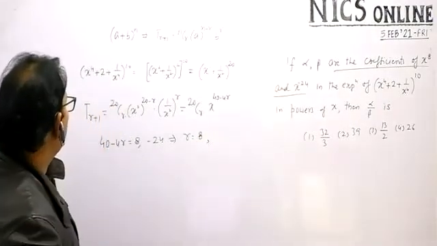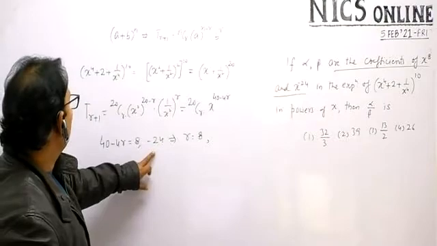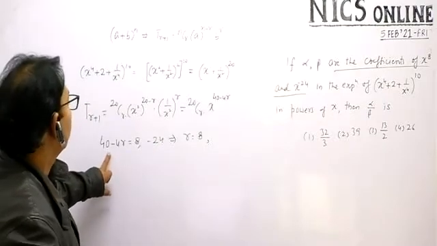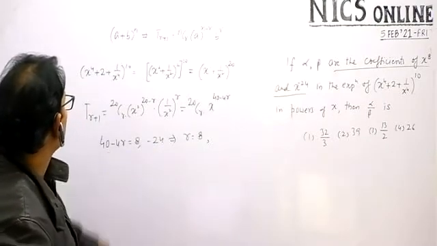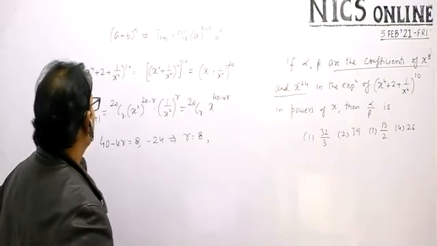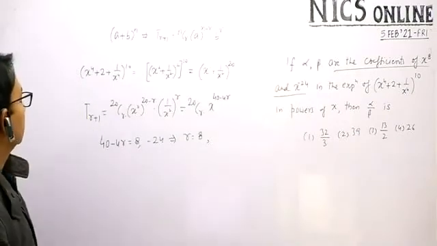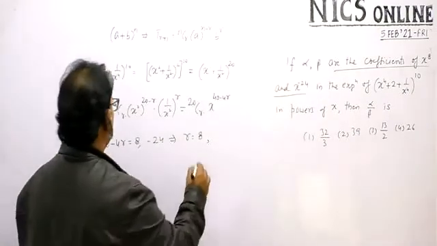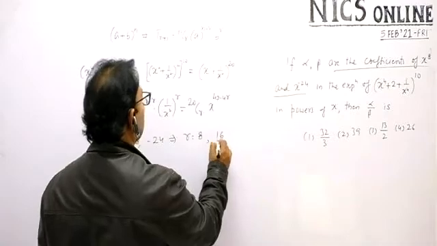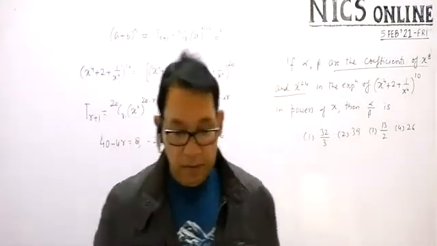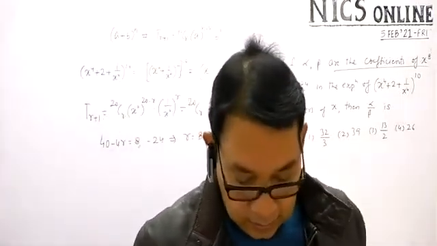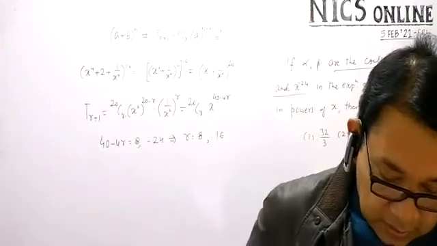And the other one would be minus 24, 64 by 4. That'll be two values of r. One is 16 and the other one is 8.